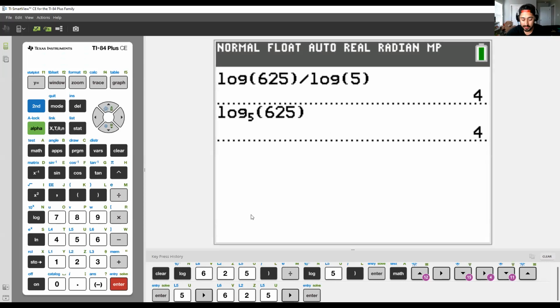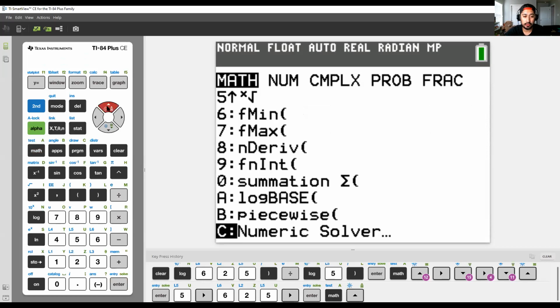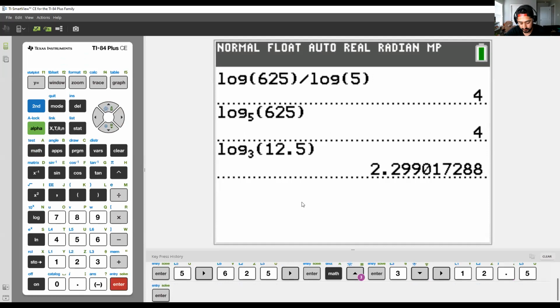So there you go, and that would work the same. So again, math, scroll down, and right there, letter A, log base. Enter, and put your numbers in. 3 and 12.5, enter, there it is, 2.990. Life is good. Okay, perfect.